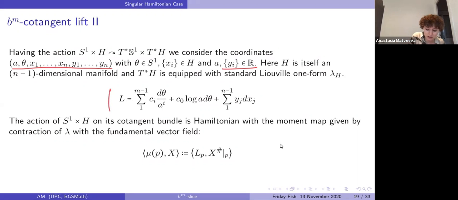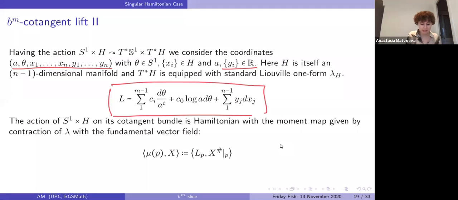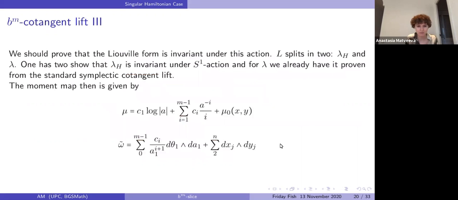Once we consider this form, we can see that the action of S1 times H on the cotangent bundle will be Hamiltonian with the moment map given by contraction of lambda, I think it's L here, with a fundamental vector field.